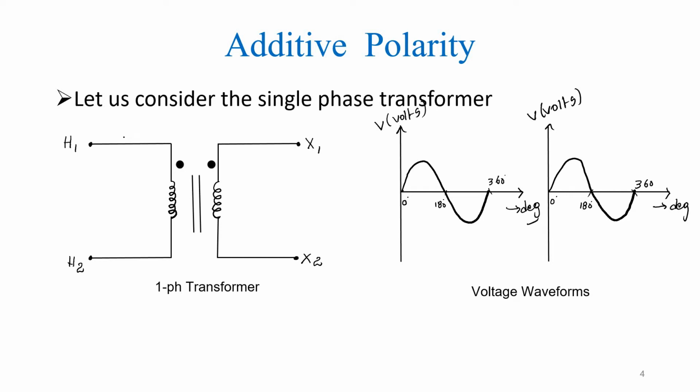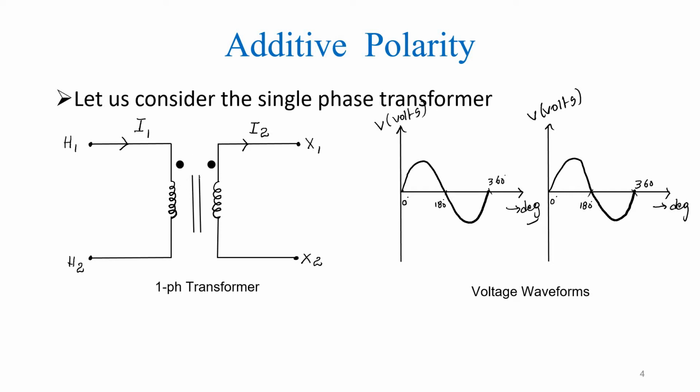If the current at the primary winding side enters the dot, the current in the secondary winding must leave the dot. If one current is entering the dot and another current is leaving the dot, then that type of connection you will call an additive polarity.